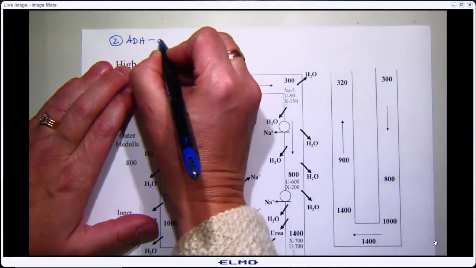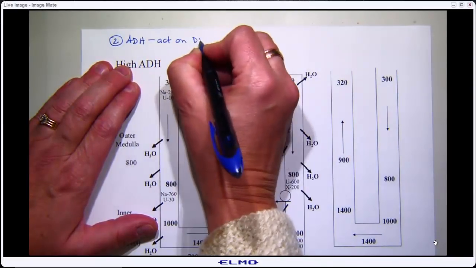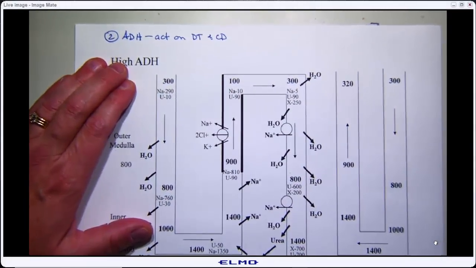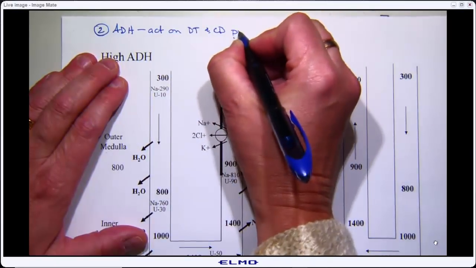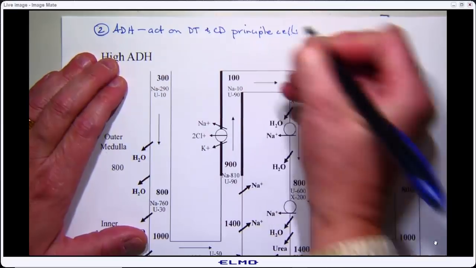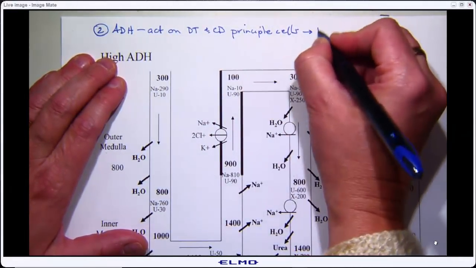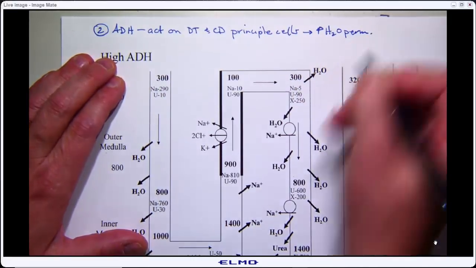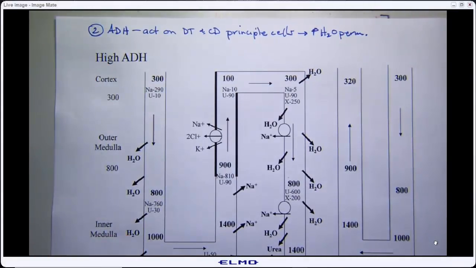As a reminder, ADH acts on the distal tubule and the collecting duct, the principal cells, okay, so a very specific cell type down here, to increase water permeability. And it did that by inserting water channels, those aquaporins.